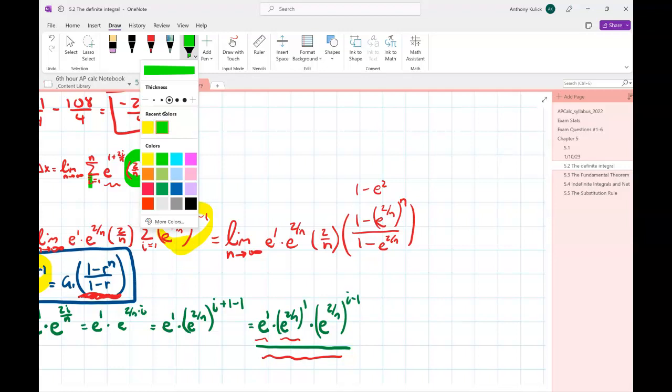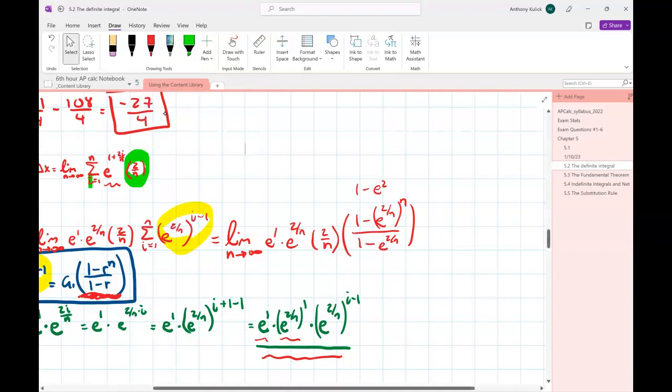Yeah, Taylor. What page are you working in? 5.2. I watch it on the computer too, and it's not syncing. Yeah, it takes time. It doesn't happen instantaneously. It usually does. I do it every class. Yeah, sometimes. I'm in 6th hour. I'm in 5.2.